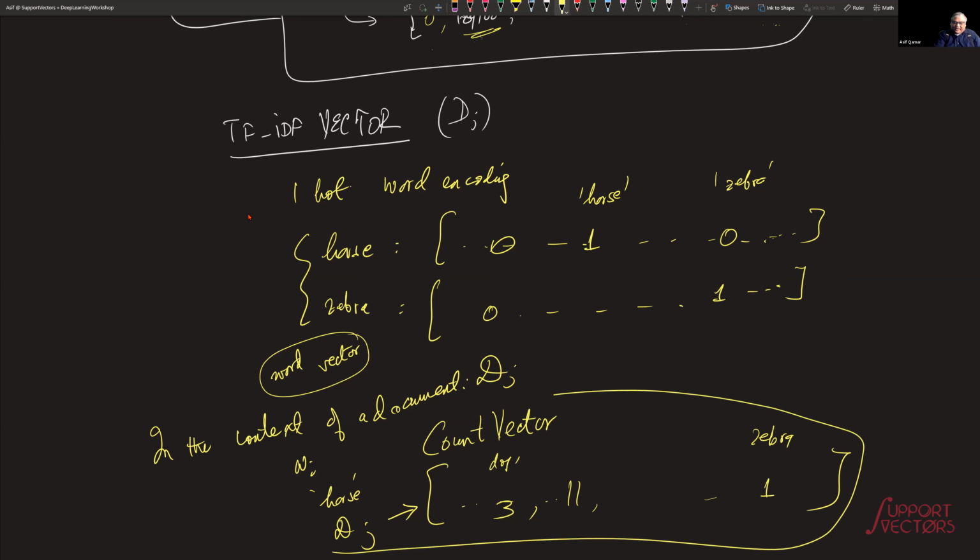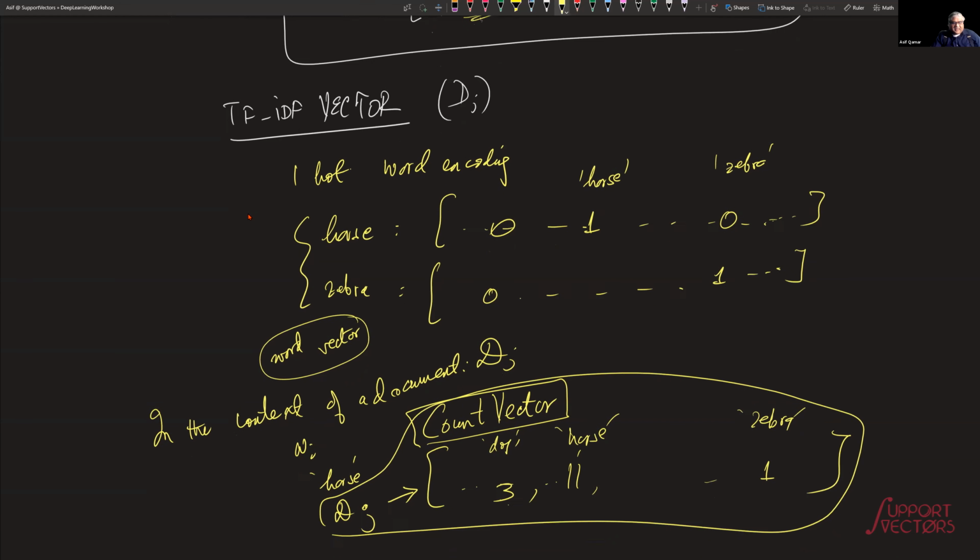This is the count vector for the document. In this document, horse has happened 11 times, zebra has happened once, dog has happened 3 times. So this is your count vector, guys. Very simple idea. Are we together? Yeah, that's simple, right?